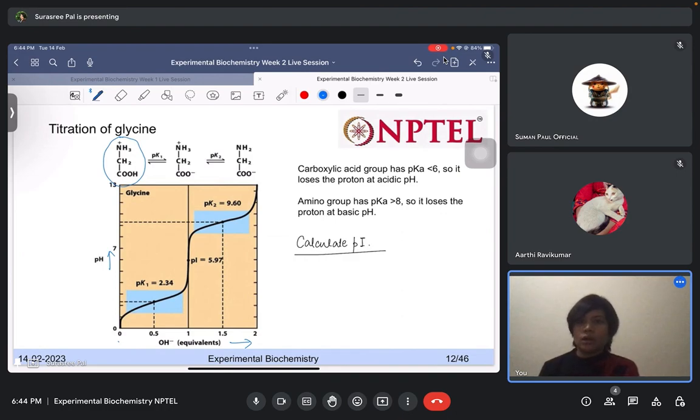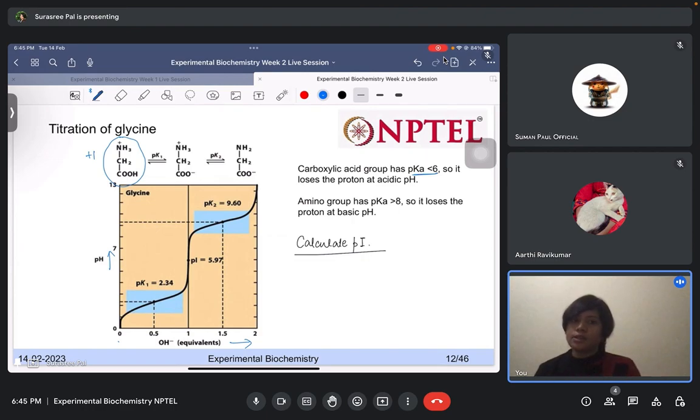When you have the +1 charge on the amino acid glycine. Now as we increase the pH, as we are adding alkali to this solution, the carboxylic acid group, I told you that it has a pKa less than 6. So it is approximately in the range of 2 to 3, the pKa of the carboxylic acid.